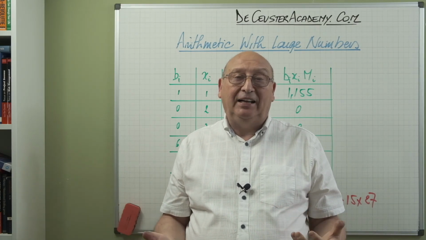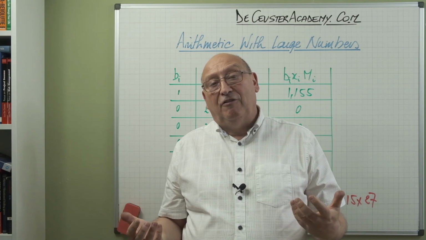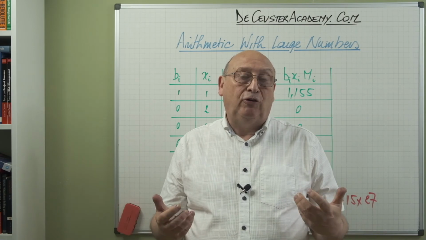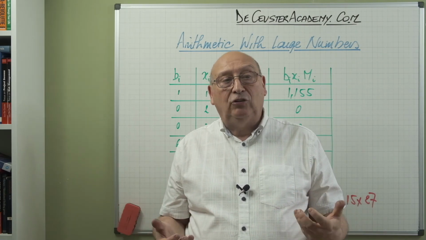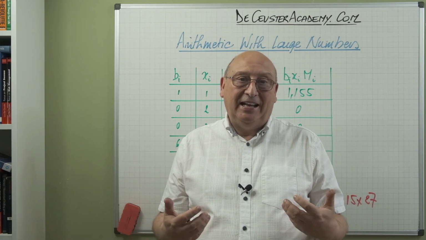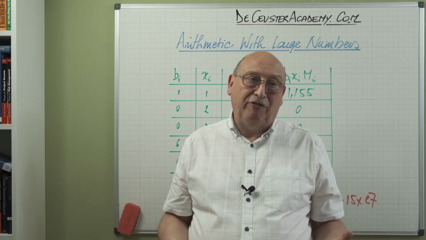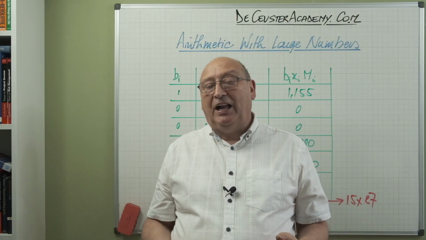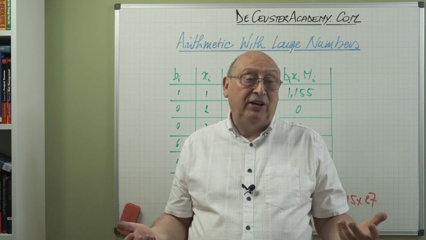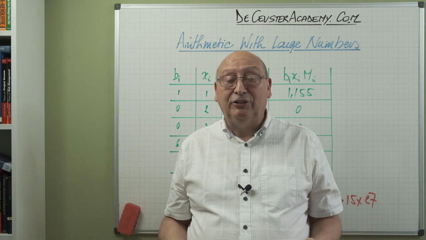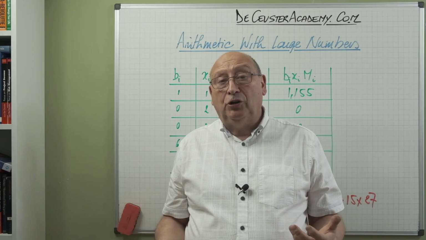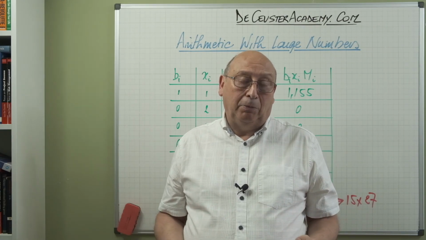If we wouldn't have added a 5th value to the n-tuple, we would not find the value 405, but we would find 405 modulus 210, and that would not be 405, it would be a different value. It's not the result that we are looking for. And when we verify 405 is exactly 15 times 27, we can verify this easily when we have small numbers, but with large numbers this would be a big problem.